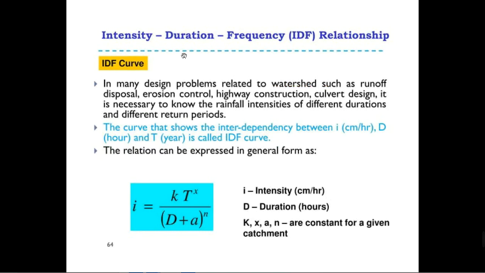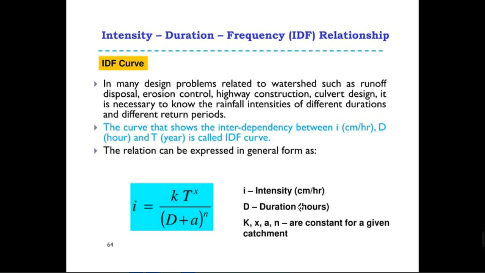This is the IDF, the intensity-duration-frequency relationship, the IDF curve. In many design problems related to watersheds, such as runoff, disposal, erosion control, highway construction, and culvert design, it is necessary to know the rainfall intensity for different durations and different return periods.